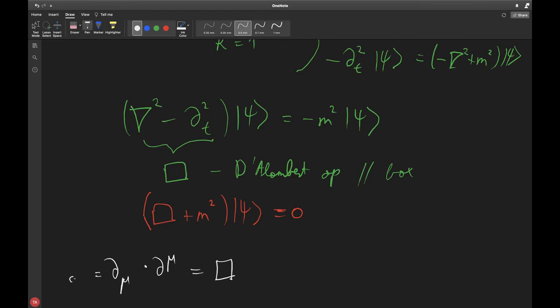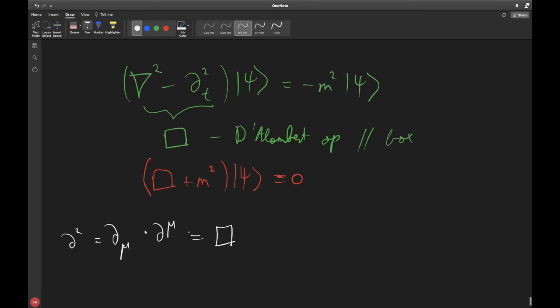So this was del to the second power. This whole thing just means the same thing. So with this notation, what we get is that del squared plus m squared acting on the state equals 0, which is what we call the Klein-Gordon equation, or at least almost.